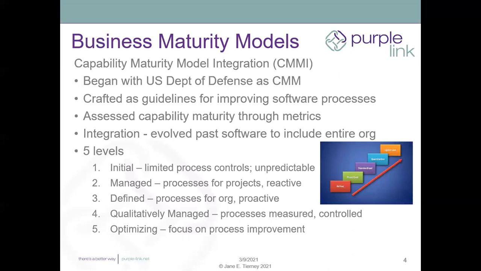So there are 5 levels, going from 1, which is the lowest, to 5, which is the highest. And these levels are: initial, which has some process controls, a little bit of unpredictable results because your process controls aren't really that good. Number 2, if you assess at that level, you're in the managed area, which means you have processes for projects, but you're still a little more reactive, rather than being proactive as an organization.